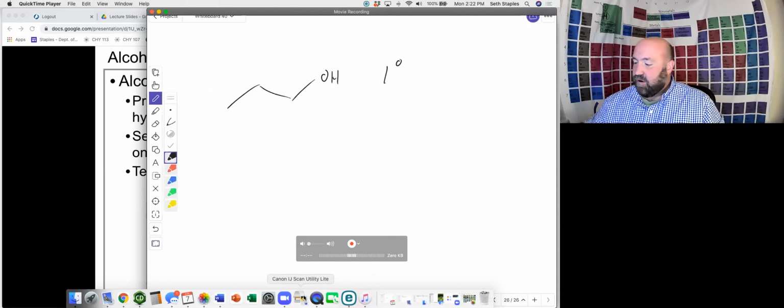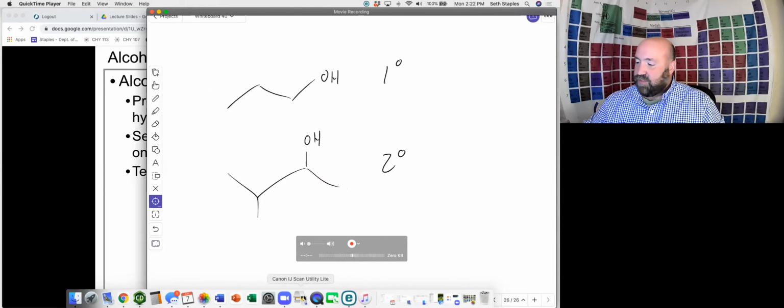So that's a primary alcohol. Here we have a secondary alcohol, and we could make these chains whatever we wanted to over here. It doesn't really matter. But this is a secondary alcohol because the carbon that our alcohol is attached to, the carbon that's attached to our hydroxyl group, is attached to two other carbon groups, making that a secondary alcohol.